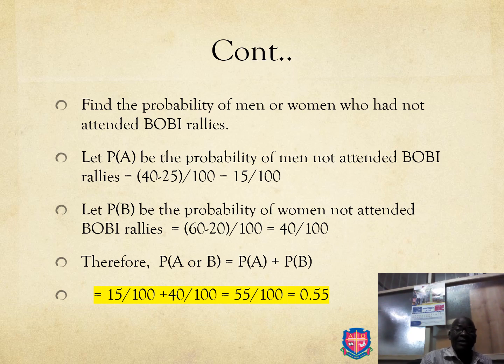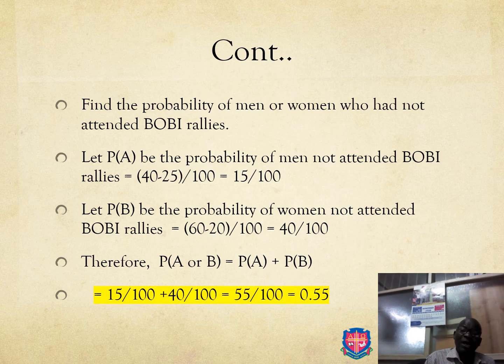Let probability of A be the probability of men not attended Bobby Larry's. The total number of men was 40. Those who attended were 25. The total number of people is 100, and that is the total possible outcomes.